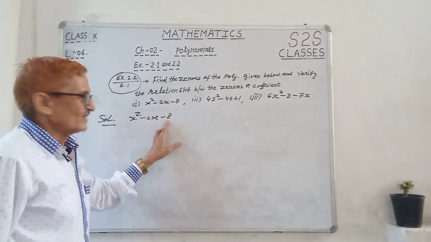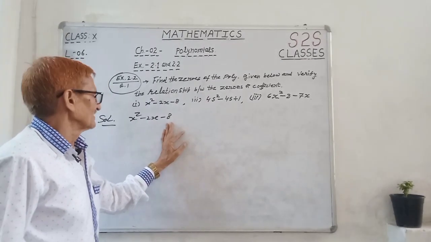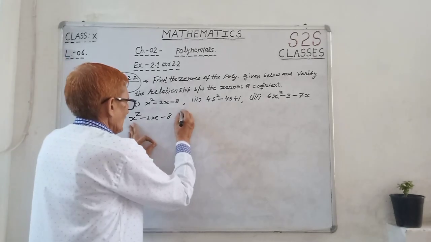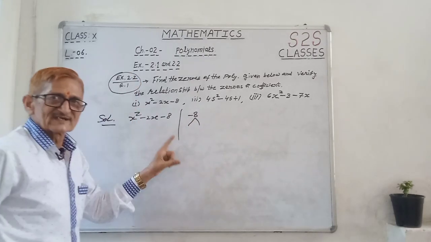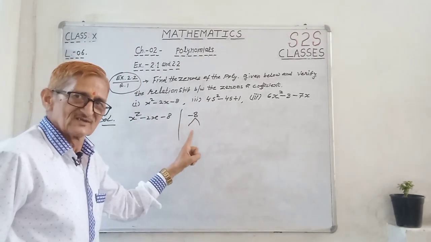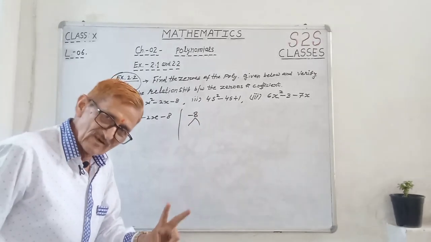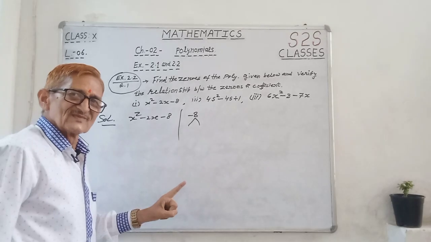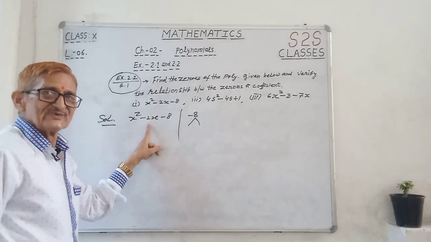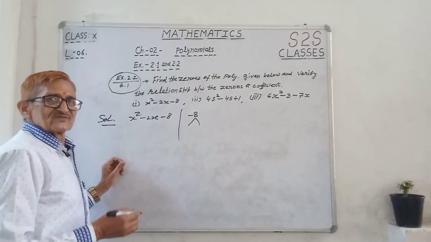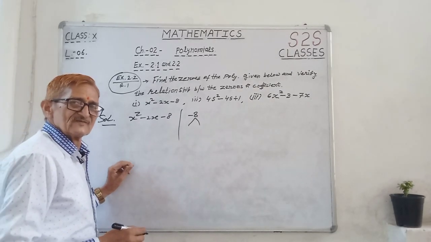A is 1, ax square plus bx plus c, so c is -8, so -8 into 1 is -8. Make two such factors of -8, the product of a and c, always, whose sum is -2. b is -2, so now we need sum -2 and product -8.